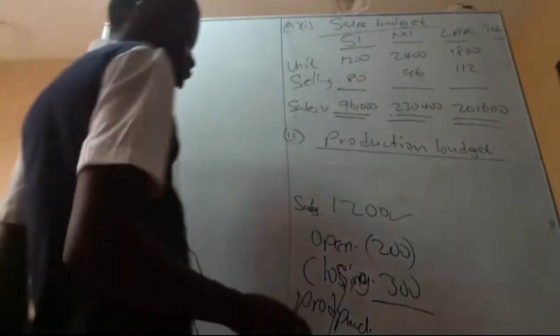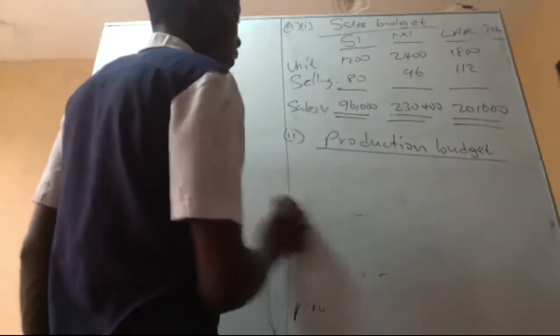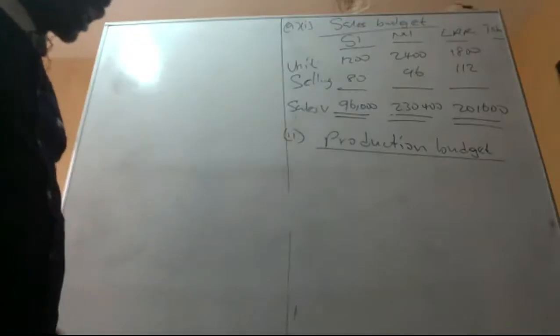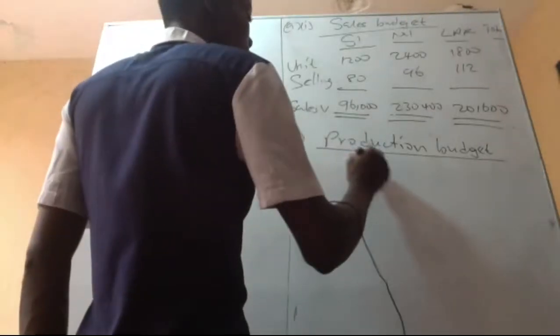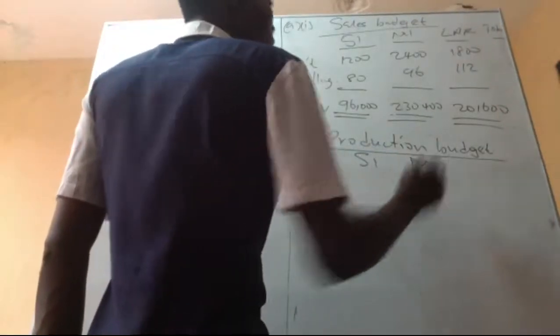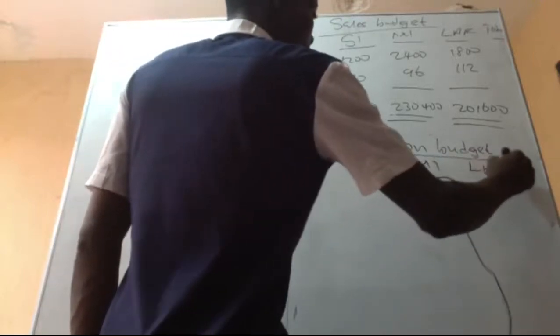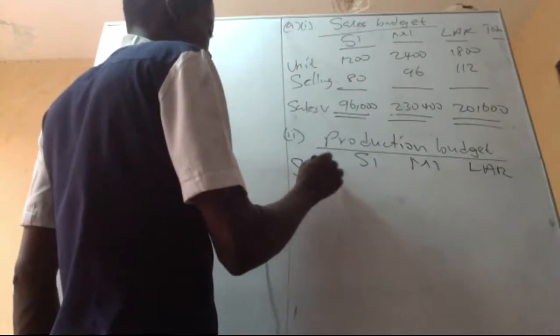So that's the formula, or the format, that we are going to use to prepare the production budget. So anytime you are preparing production budgets, you start from the sales, down to the closing inventory. Good. So you start with sales.